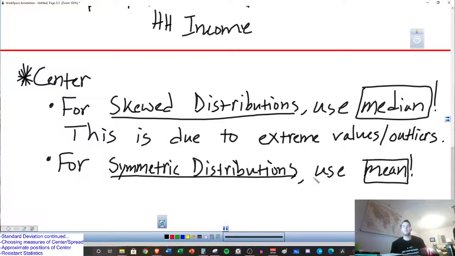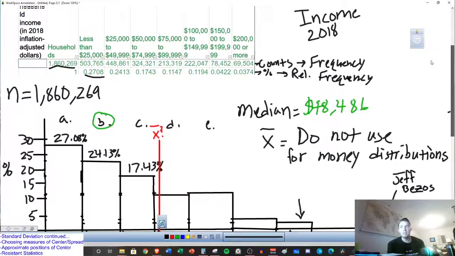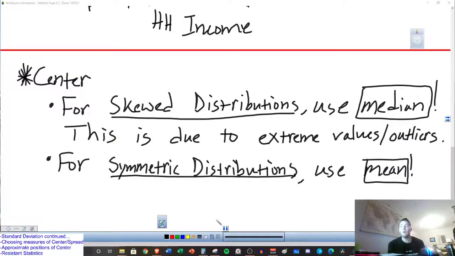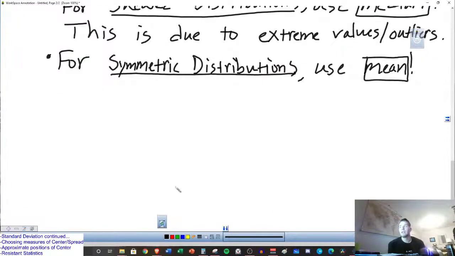Okay, symmetric distributions use mean. We've discussed why. We see why. Now, for similar reasons, we're going to talk about spread. So our measures of spread are IQR and standard deviation.